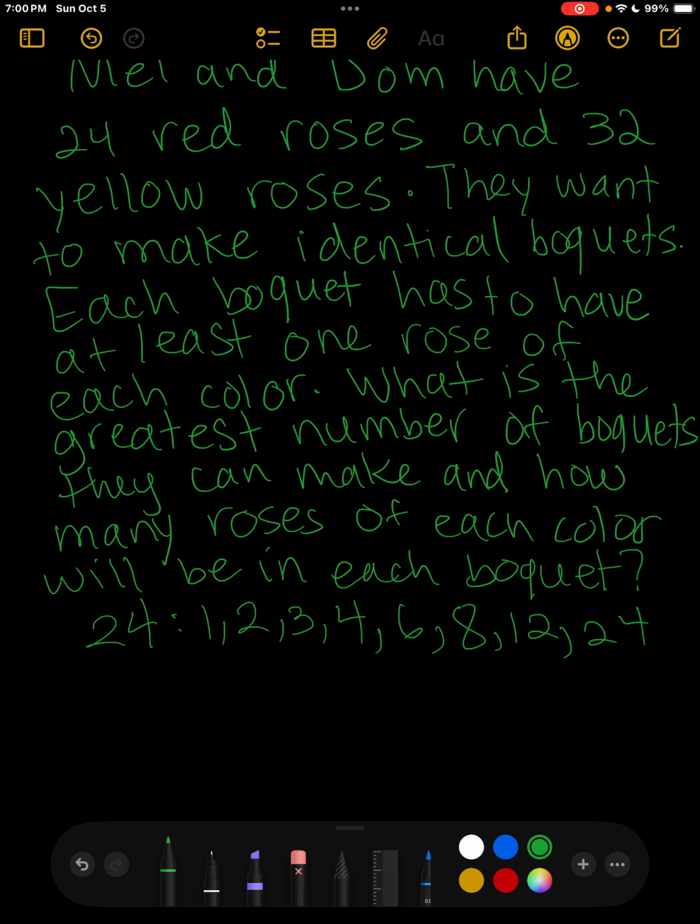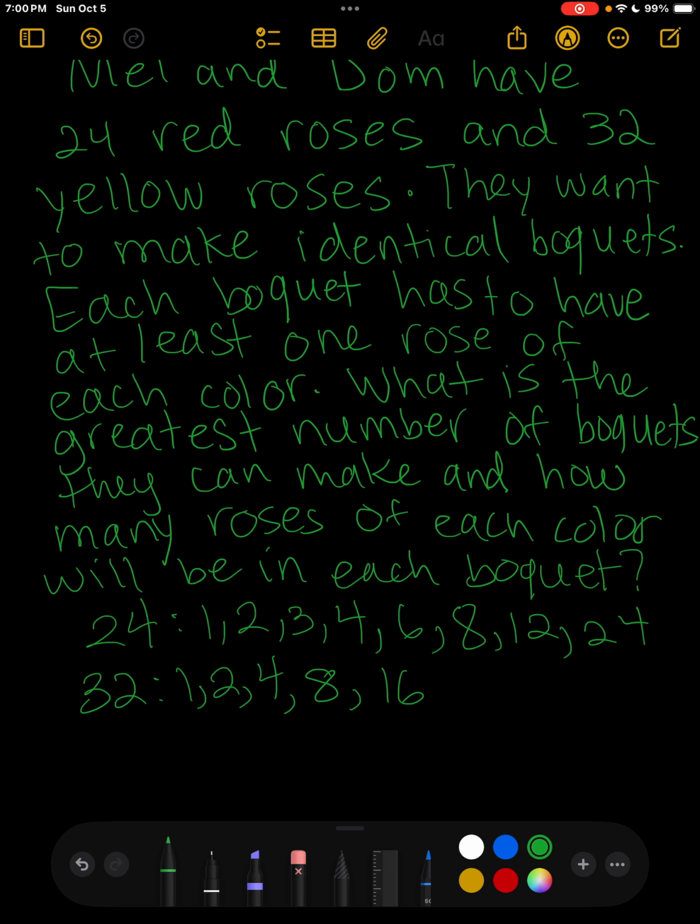And then for 32 yellow roses, we have 1, 2, not divisible by 3, yes divisible by 4, not divisible by 5, not divisible by 6 or 7, but divisible by 8, and divisible by 16, and I think that's it.